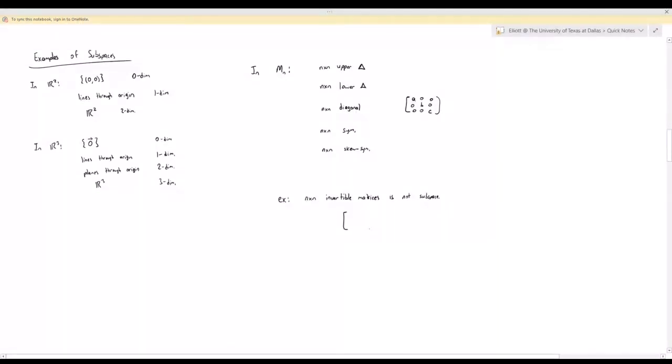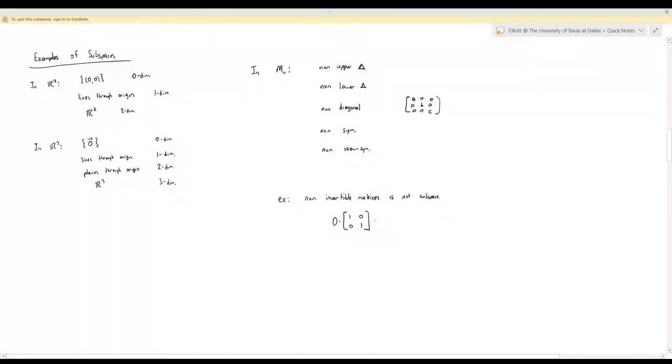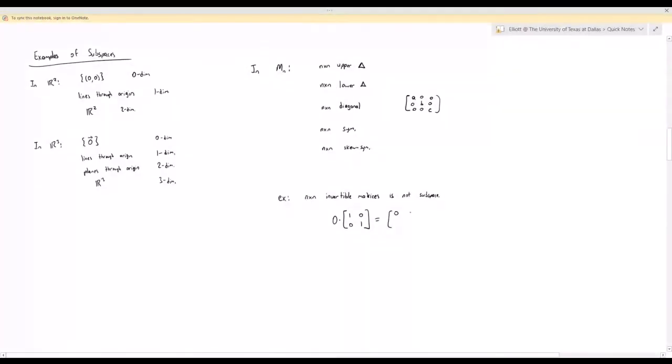So to understand that, let's look at an example. Let me take the identity matrix, which is definitely invertible. If I multiply it by the scalar 0, that will produce a 0 matrix, which is not invertible.